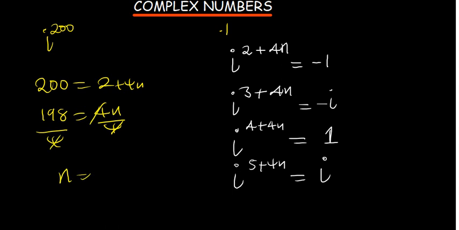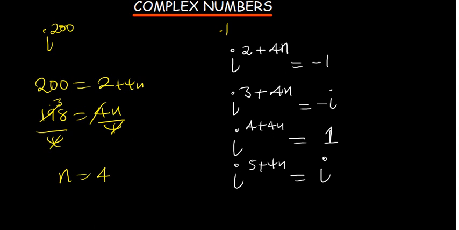Then divide both sides by 4. 4 into 19, we know 4 can go into 16, so 4 times, with remainder 3. 4 cannot go into 38.